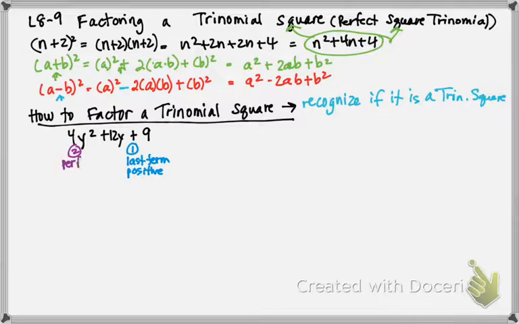Is the first term a perfect square? Then we're going to look at the end. Last term, a perfect square? But you're still not done. After those three yes, yes, yes, you need to check the middle term, and he's the hardest one.